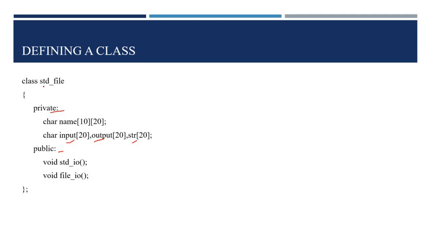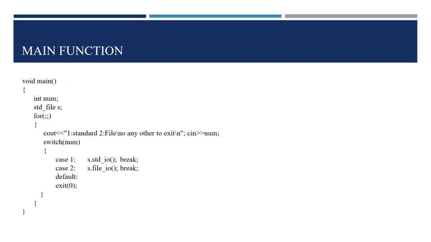After defining this standard file class, which is concerned with the members and the member functions, we go to the actual program with the main function. Here initialize the number num, how many values you want to read, then read the choice.